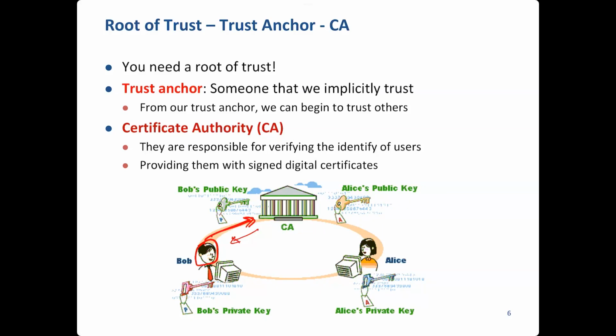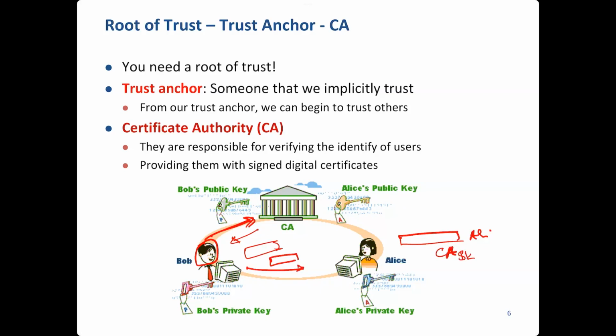The certificate comes to Bob. When Bob sends a mail to Alice, he also sends the certificate issued by the CA. Alice will receive this certificate, which is encrypted by the CA's private key, SK of CA.